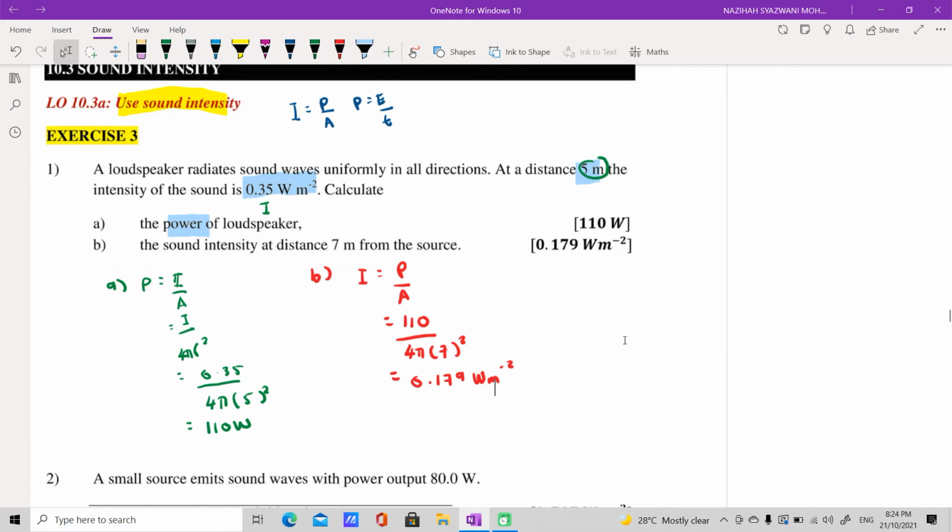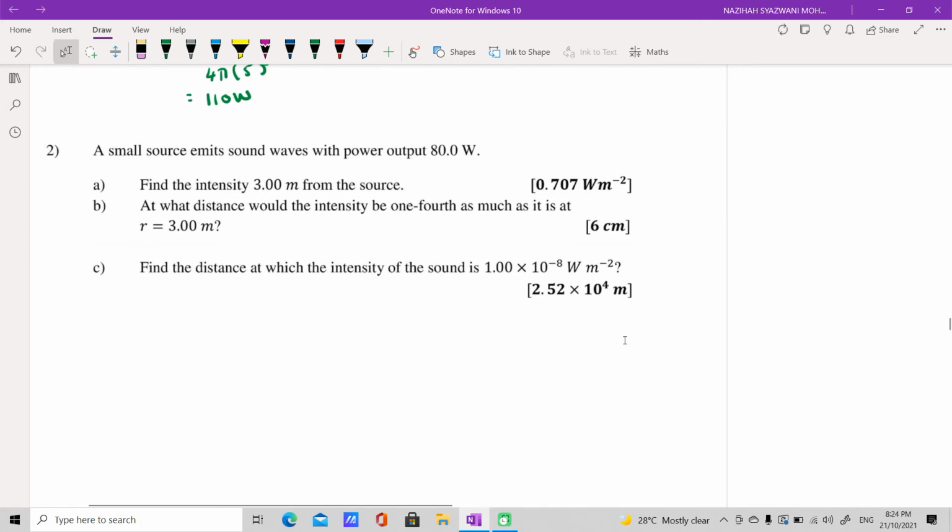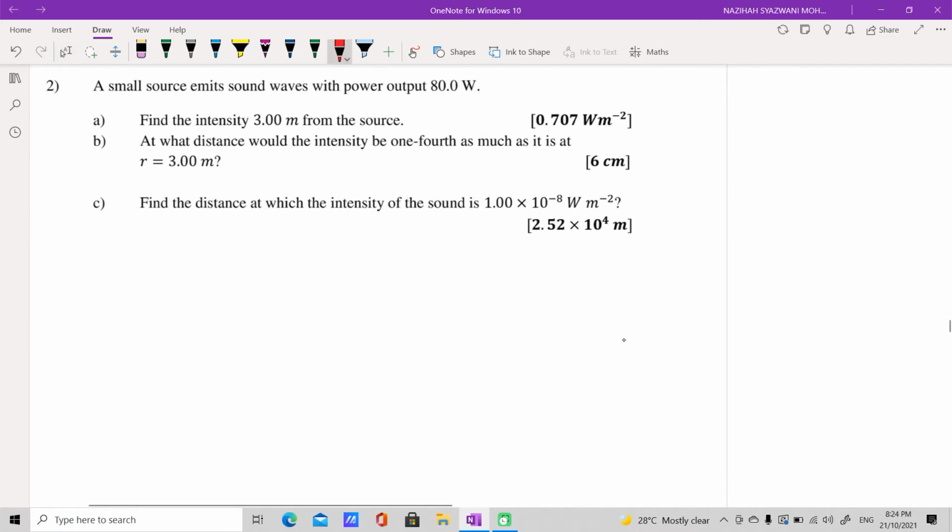So that is for question number 1. For question number 2, a small source emits sound waves with a power output of 80 watts. Find the intensity 3 meters from the source. So again, they want the intensity.